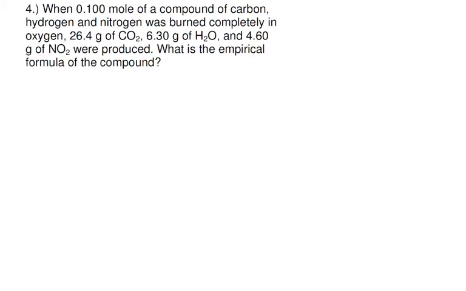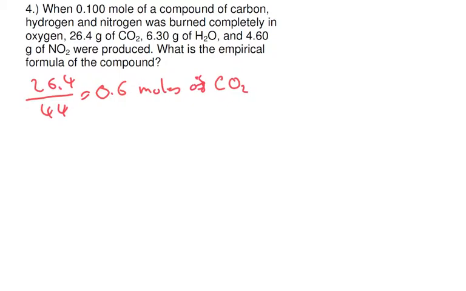So firstly, like we've done with previous questions, let's work out how many moles we've got of each. Let's do the carbon dioxide first. 26.4 divided by 44, we get 0.6 moles of CO2.